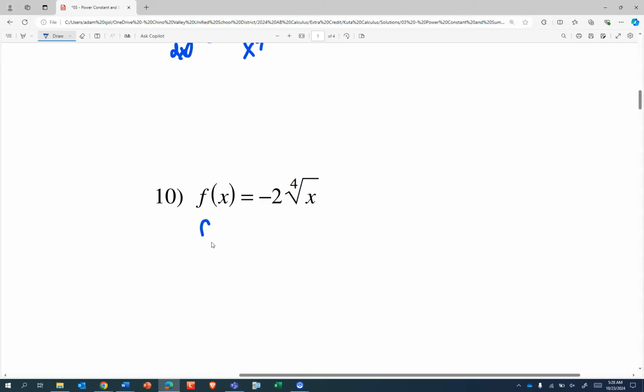That's a 1/4 power, so we'll go ahead and try to do that without rewriting. And so 1/4 times negative 2 is going to be negative 1/2. And then that's going to be x to the power 1/4 minus 1 is negative 3/4. So that'll be a 4th root of x cubed in the denominator.